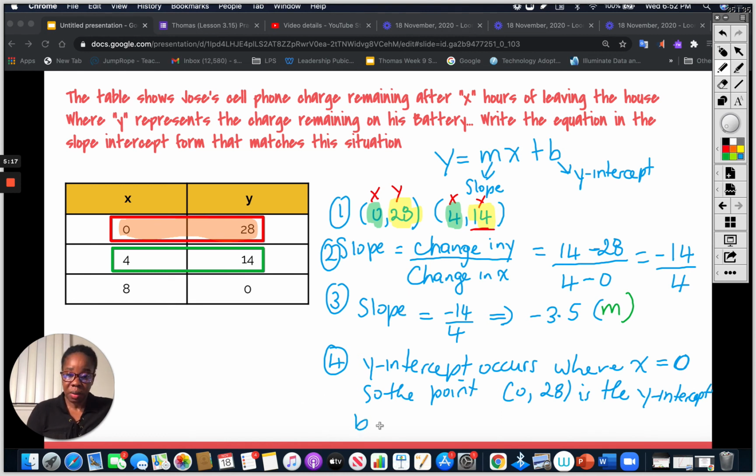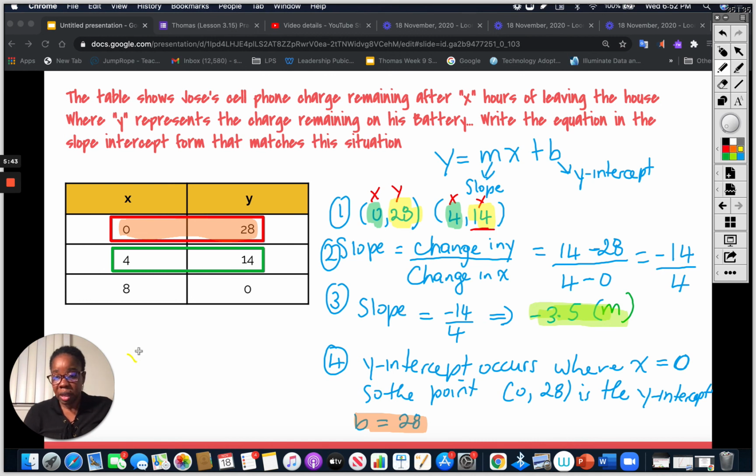So b is going to be equal to 28. So we know what b is. b is 28 and m is negative 3.5. Those are the important pieces that we need for our equation.